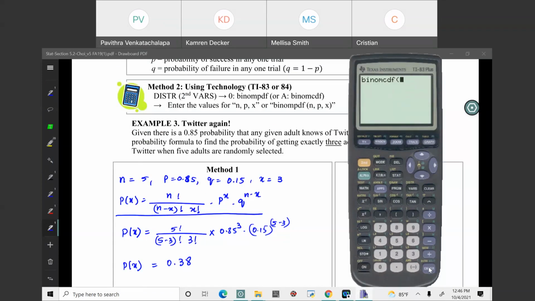Now enter those values. So I need n, p and x in the same order. n is 5, comma, p is 0.85, comma, x is nothing but 3, so click on comma, close the braces, done, and enter. You get 0.1649.